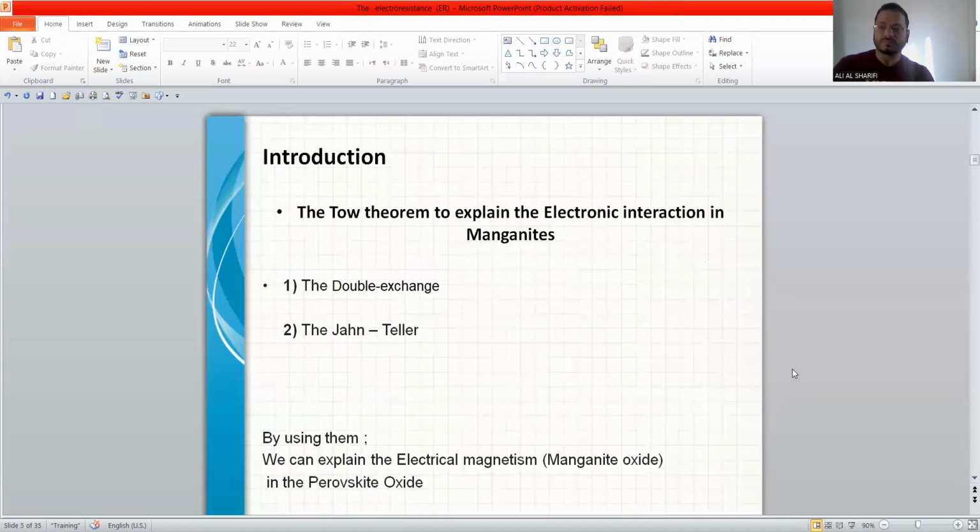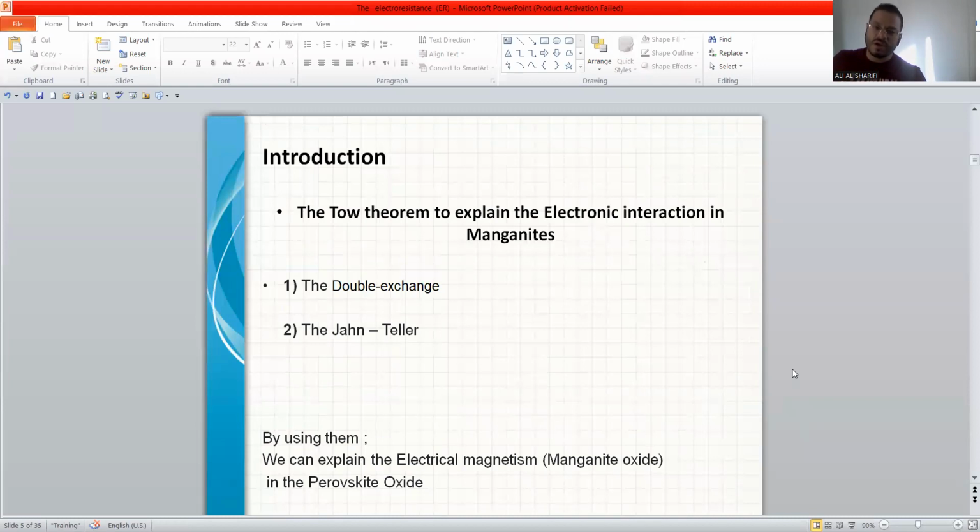Now, before we keep going to explain the double exchange and Jahn-Teller effect, all of these we use to explain the electronic interaction in the manganites.